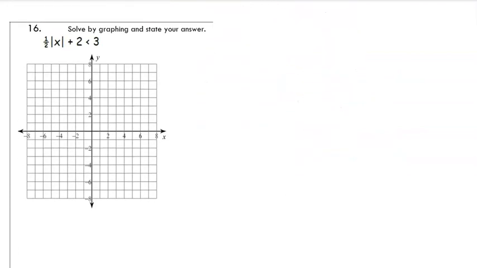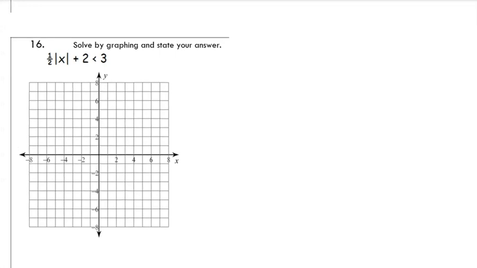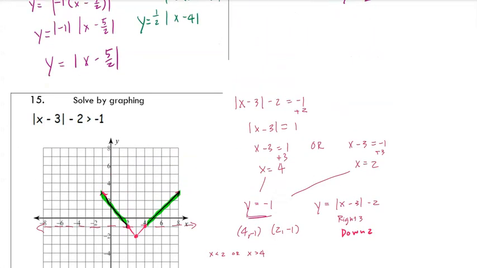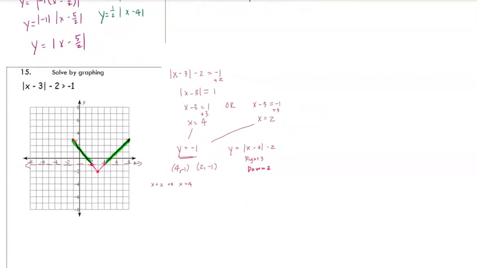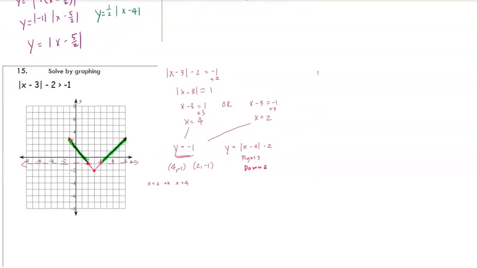Solve by graphing and state your answer. This one, I'm going to take the time out to actually solve by not graphing. I'm going to do it algebraically too. So let's go ahead and isolate.